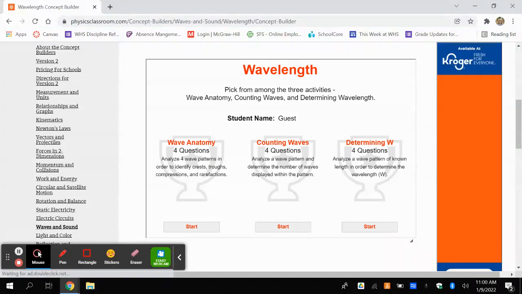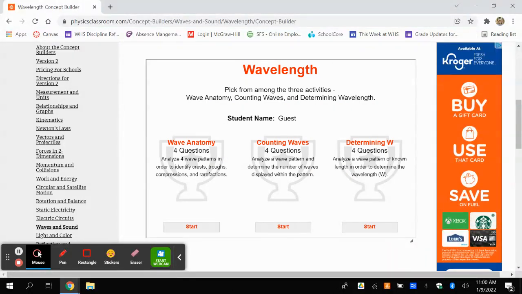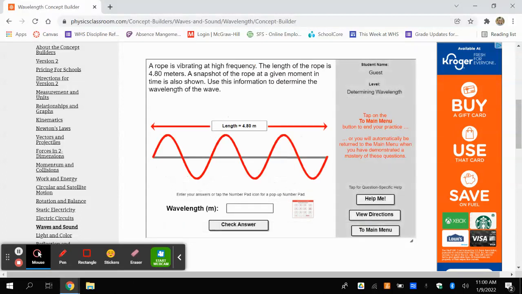For this third trophy, you're actually calculating the wavelength of the wave. Now, we talked about this in class, how you could calculate it if you knew the speed and the frequency of the wave. The second way you can calculate the wavelength is if you have the wave pattern and the length of your wave.